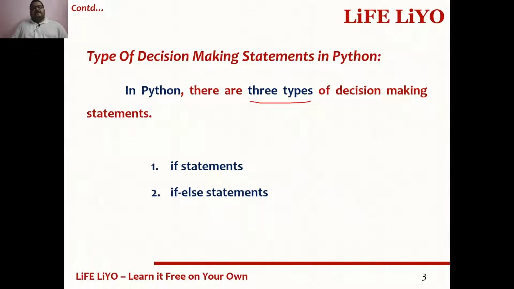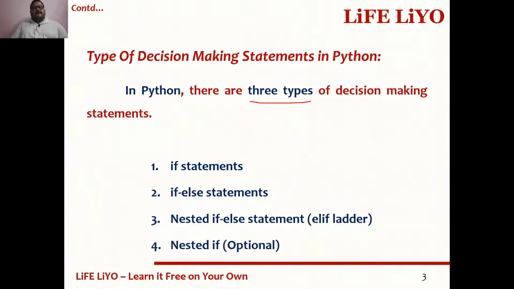If else statements, nested if else statement, or elif ladder. Nested if. This is what I said, that I won't treat nested if as a fourth type. It is an optional one. That's why I have called it the three types.